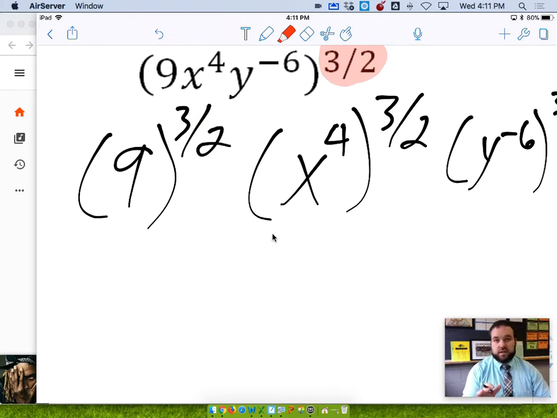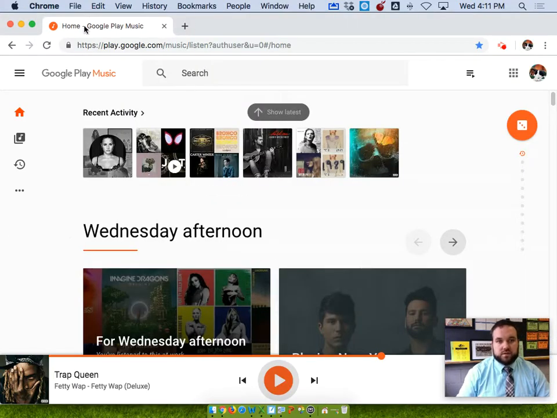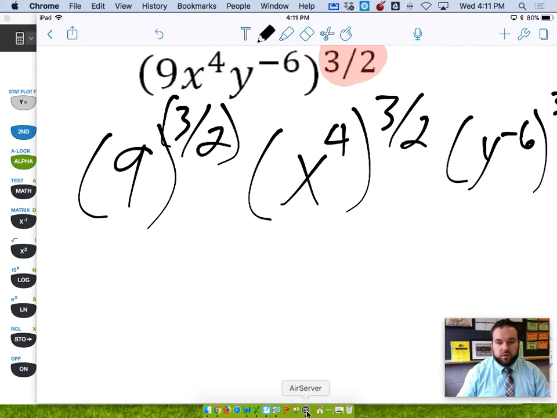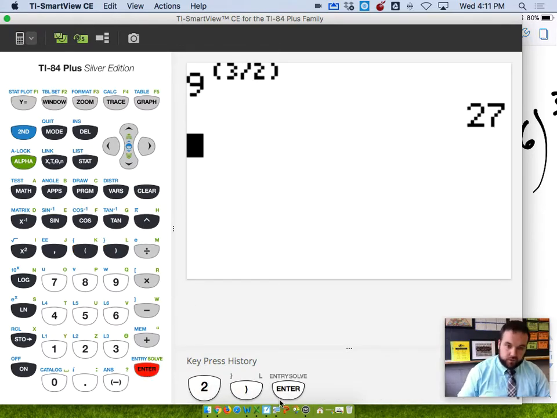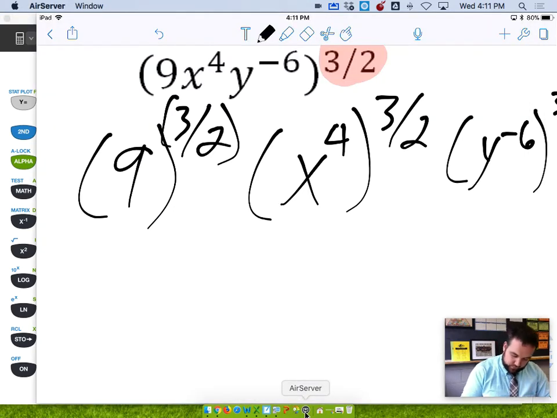Again, feel free to type in the calculator. Remember, most calculators are going to require you to put parentheses around that if you type it in. So on the calculator, we've got 9 to the power of 3/2, and that should give us 27.